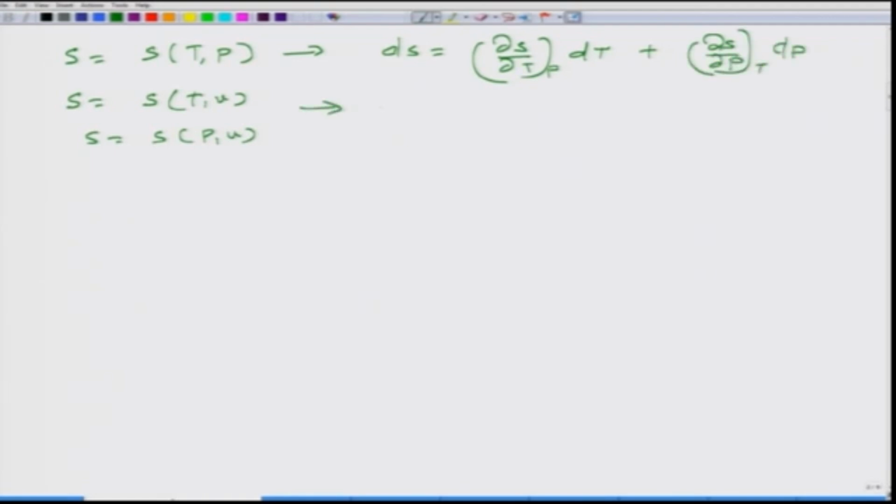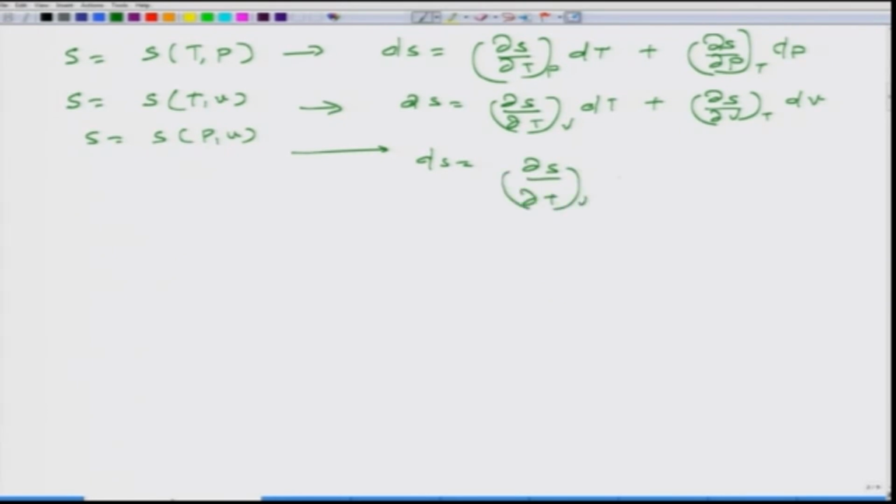Okay. And similarly for the second expression. So these are the three expressions which we can clearly write in differential form based on the partial derivatives.